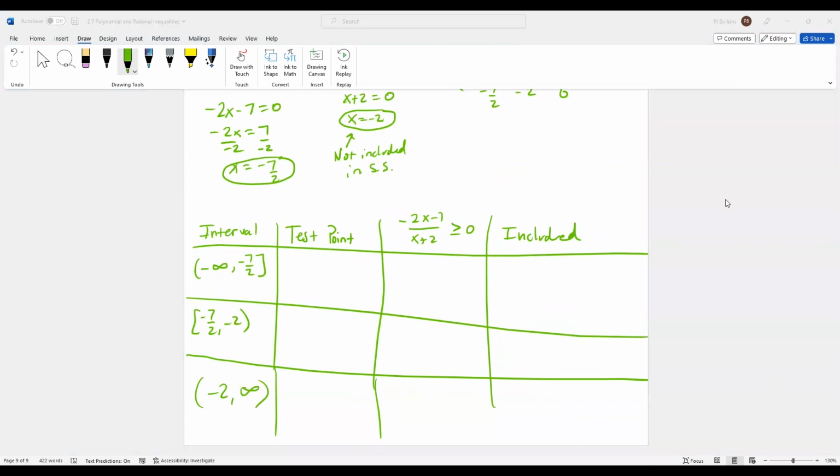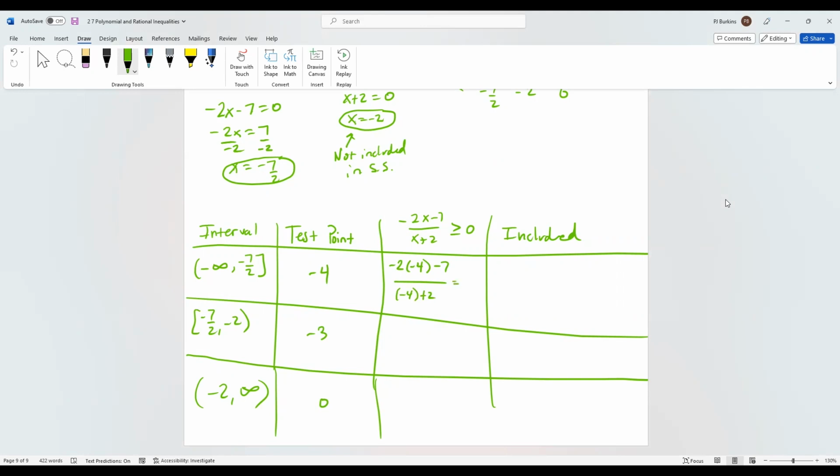All right, so let's choose our test points. We need a point between negative infinity and negative 7 halves. Let's choose maybe negative 4. Between negative 7 halves and negative 2, I'm going to choose negative 3. And then from negative 2 to infinity, I'm going to choose 0. All right, let's plug those in. So negative 2 times negative 4 minus 7 over negative 4 plus 2.